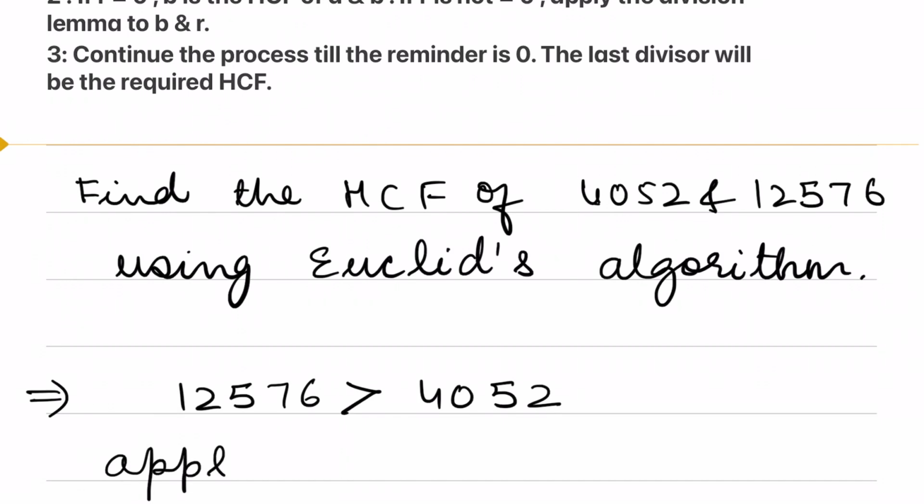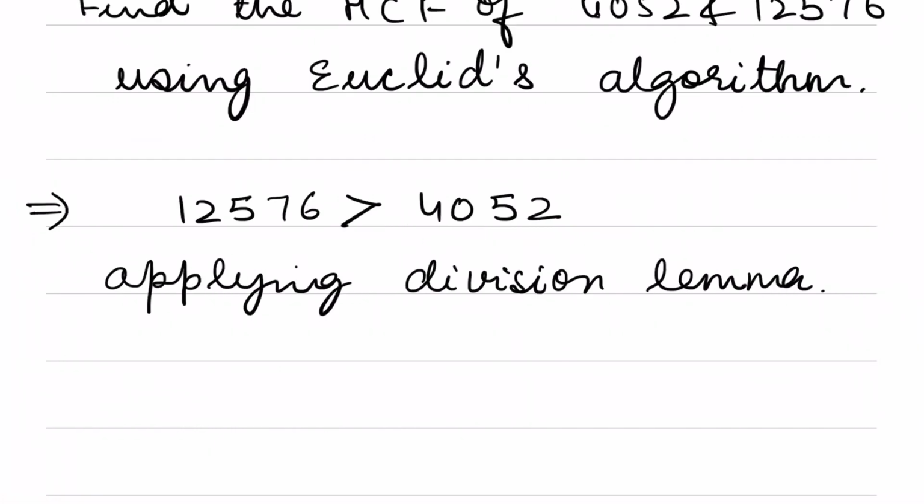Applying the division lemma to these two numbers, we get 12576 is equal to 4052, which is the divisor, times 3, and we get the remainder as 420.